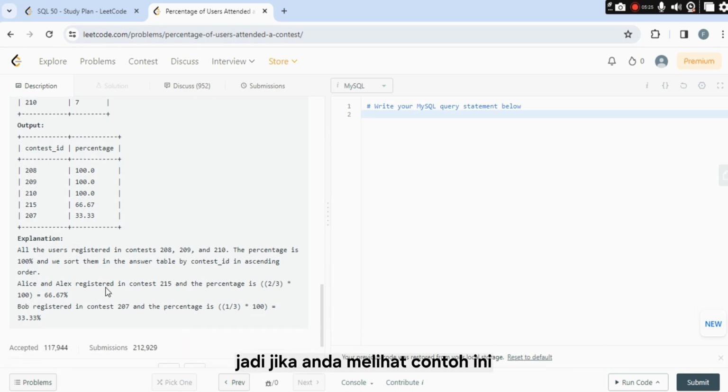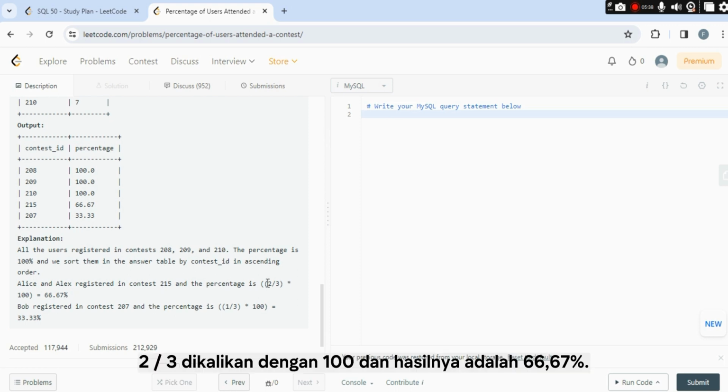In this example, Alice and Alex registered in contest 215, and the percentage is 2 divided by 3 multiplied by 100, and the result is 66.67%.